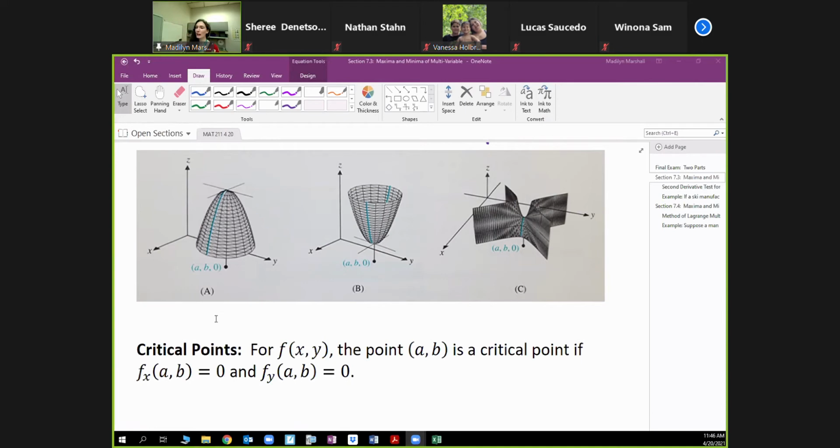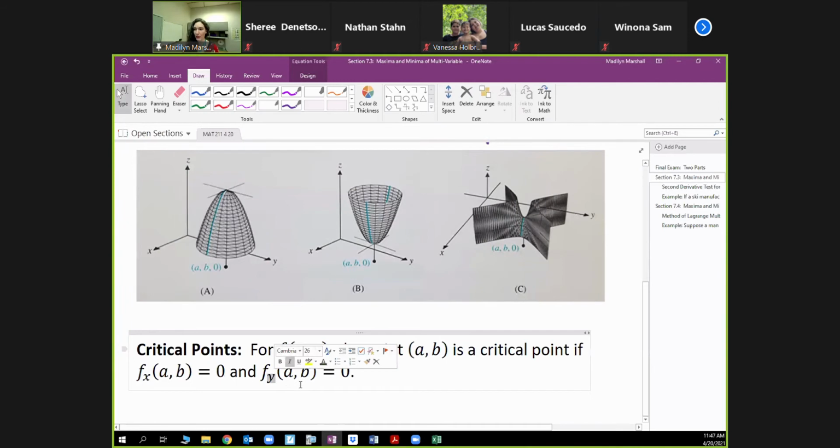We have that same concept of the derivative being 0, but since we're working in multi-dimensions, the partial derivative has to be 0 for all of the variables. So (a, b), this XY point, is a critical point if the partial derivative with respect to X is 0 at that point, and the partial derivative with respect to Y is also 0 at that point. So it's not enough for one of them to be 0, they both have to be 0 for it to be a critical point.